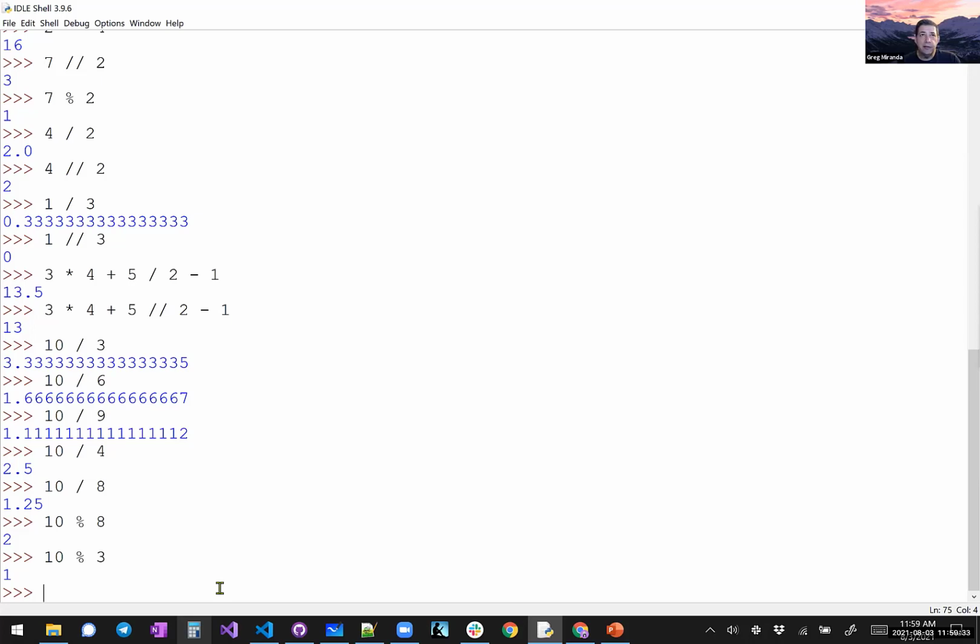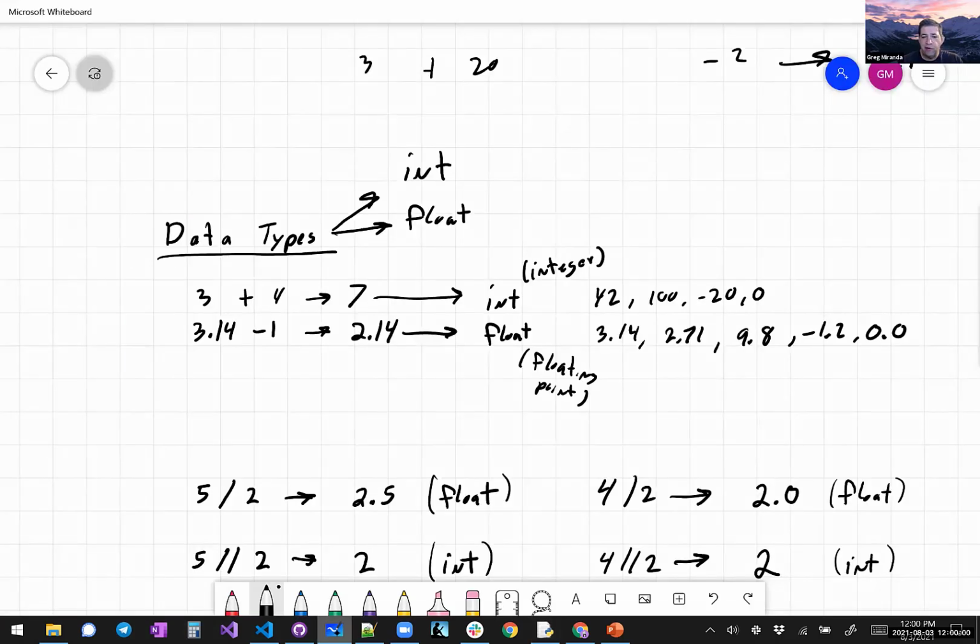It's always going to return an integer. Because of that, we can use the modulo and the floor to manipulate integers, which again are whole numbers. It allows us to do things like a fraction, a numerator and denominator, where you use integers for each number. We separate them out, and they have different purposes.